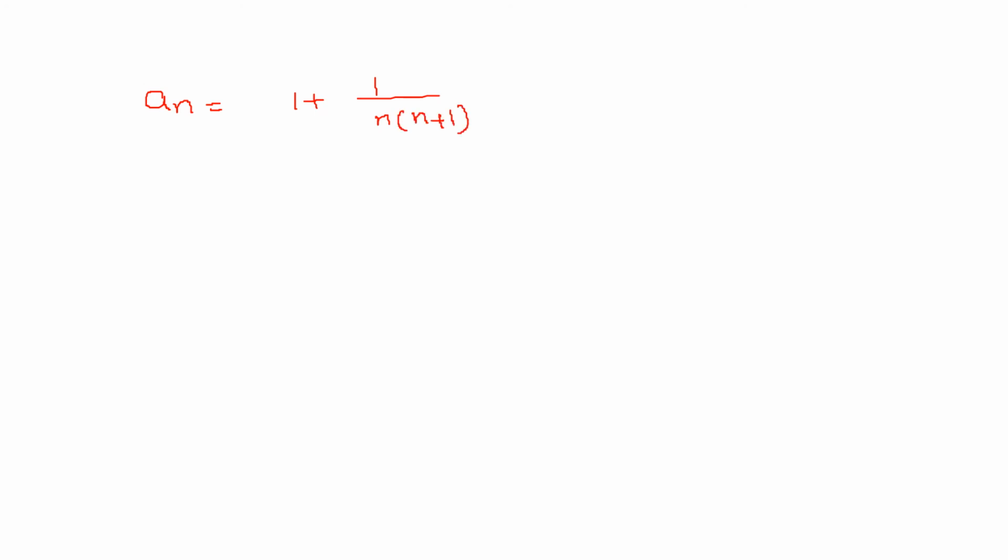So how can we write this? We assume the partial fraction for the last fraction, which is 1 over n into n plus 1, equals a over n plus b over n plus 1. This gives an equation: 1 equals (n plus 1) times a plus n times b, just by multiplying n into n plus 1 on both sides.